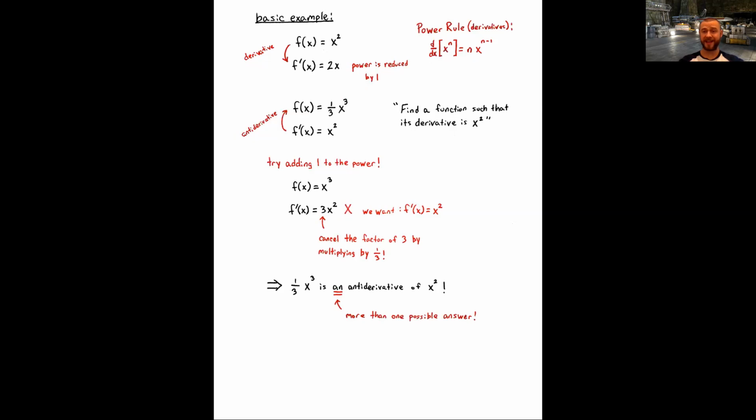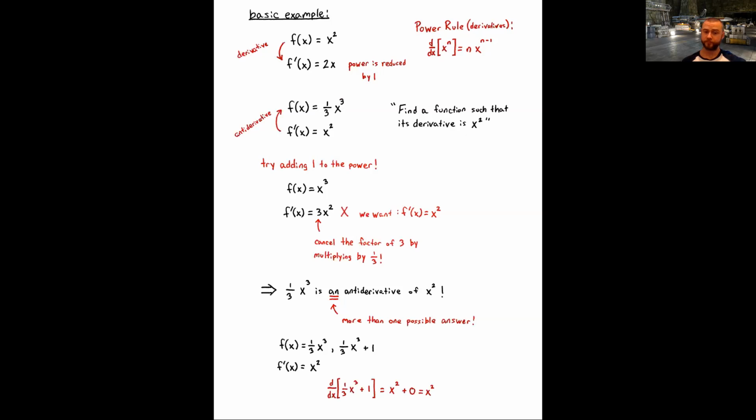Now, could we think of another antiderivative for x squared, a technically different function that still has x squared as its derivative? Well, as it turns out, we can. Recall from our basic differentiation rules, the derivative of any constant is 0.